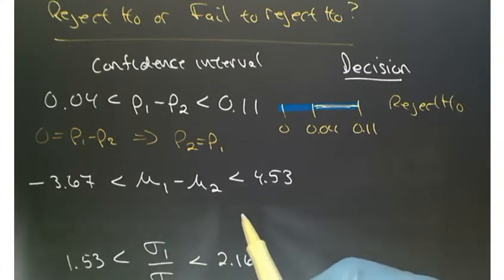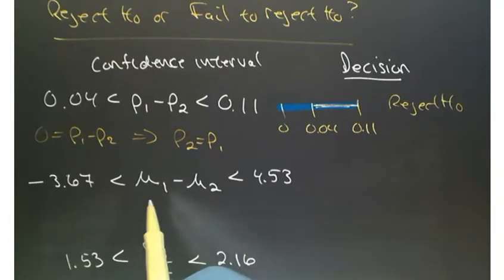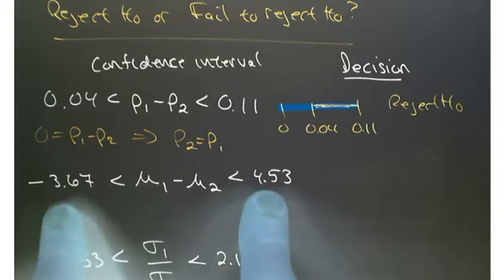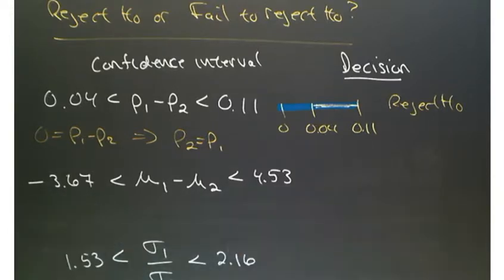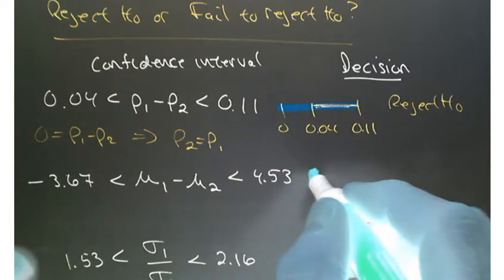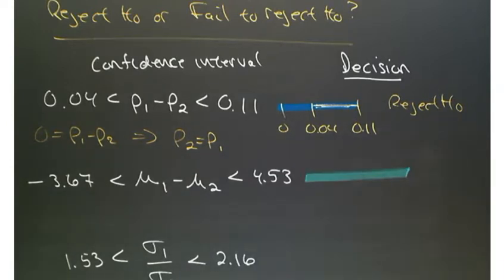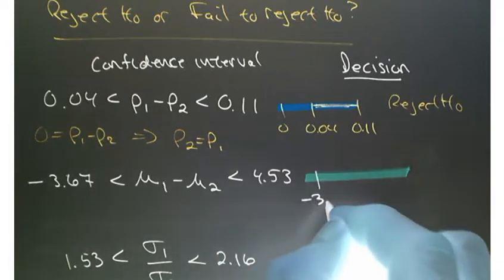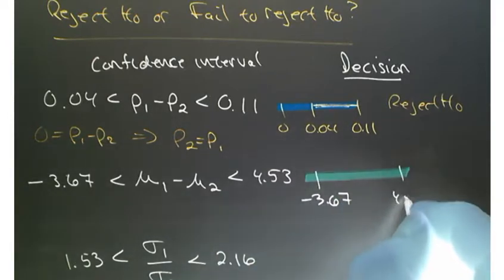What about down here in the next one? This one, we have the difference of two population means. So the confidence interval for that difference is between negative 3.67 and 4.53. Again, what's that telling us about your null and alternative hypothesis? Well, so our values go from negative 3.67 to 4.53.